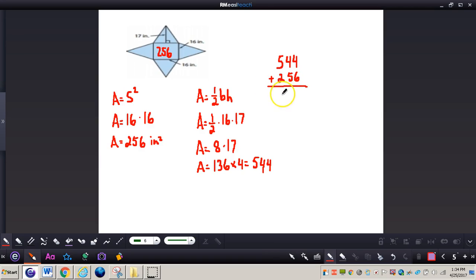That's going to give us 800 inches squared for the surface area of that square pyramid. Even though it's surface area, we're still dealing with square inches because it's area.